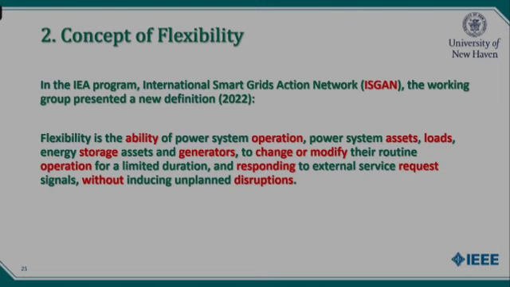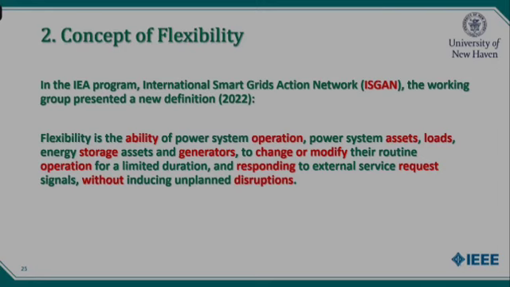You can see the definition is much longer, in 4 lines, with more details. But again, flexibility can be seen as an ability, this time for power system operation, assets, loads, energy storage systems, and generators. Again, for what? Why do we need this ability?